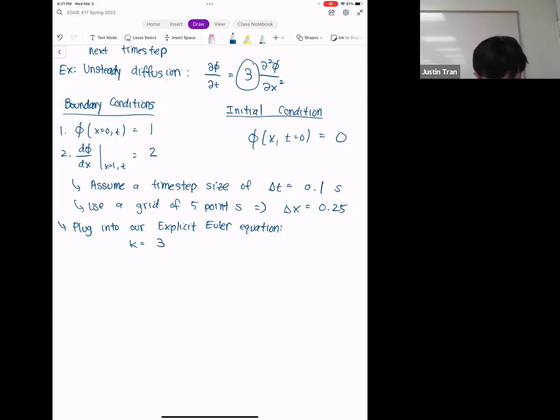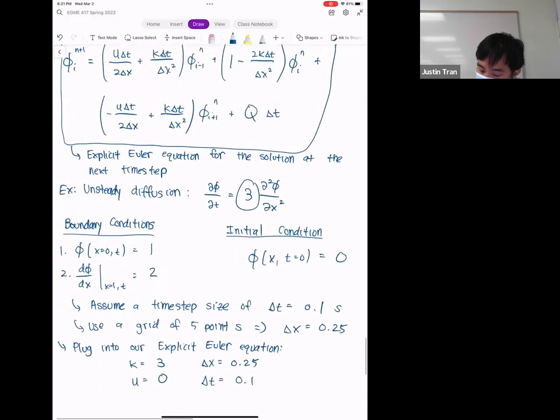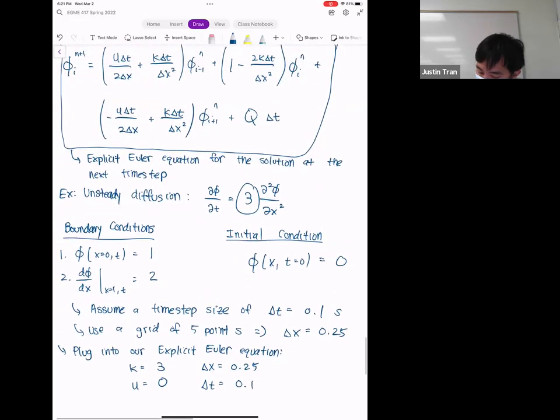We have a convection velocity of 0, so we have no convection term here at all. Delta x here is 0.25, and delta t here is 0.1, which is given to us in the problem. And I believe that's all we need.